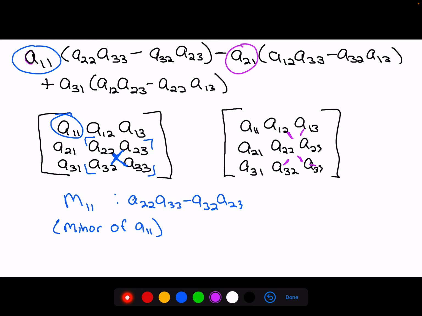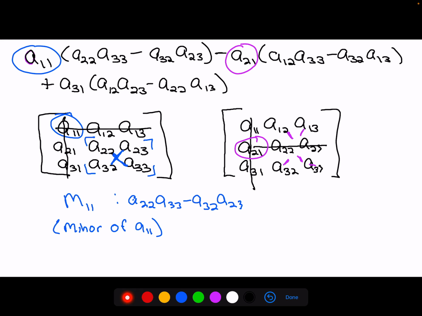So notice something. Once you are looking at a certain element in the matrix, you're ignoring all of the elements in that same row and column and then finding the determinant of the 2 by 2 that's left over. Like even in that first example, with the A11, we ended up ignoring all the elements in that first row and first column where A11 was located, and just looking at the 4 elements left over.